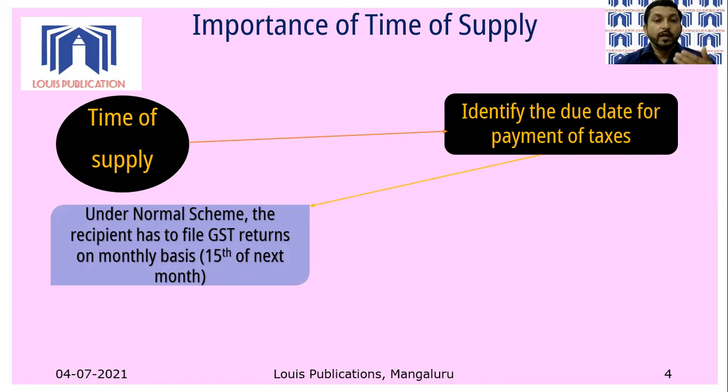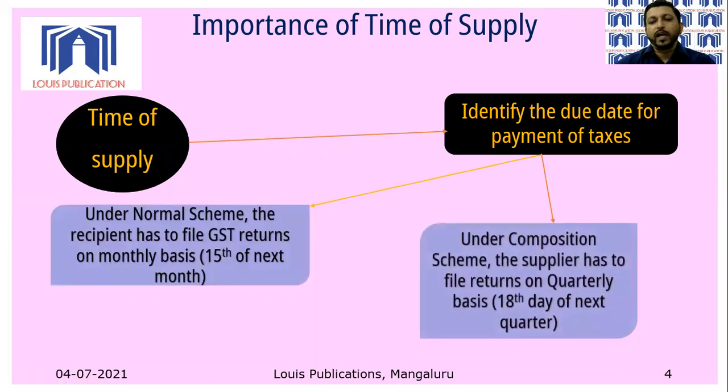Now, when should a composition dealer file returns? He can file returns on a quarterly basis, and the 18th day of the next quarter will be the due date of filing his return.